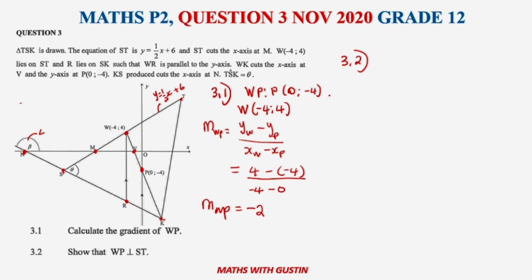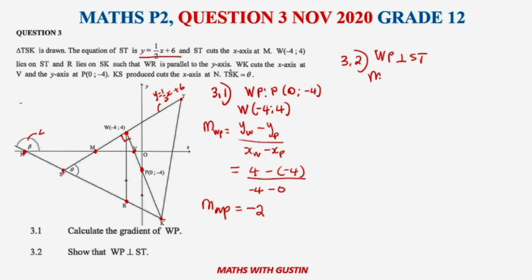Moving right along to 3.2. They are asking us to show that WP is perpendicular to ST. We already know the gradient of WP, and they've given us the equation of ST as a straight line, so we need to show that they are perpendicular.